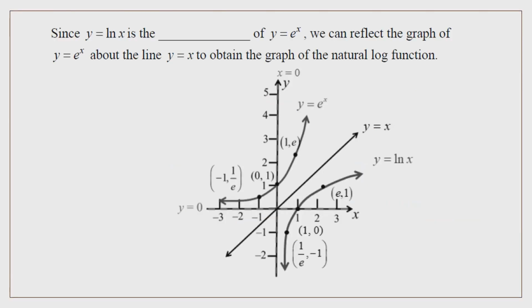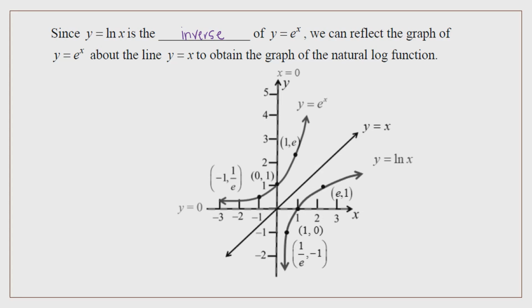Since y equals the natural log of x is the inverse of y equals e to the power x, we can reflect the graph of y equals e to the power x about the line y equals x to obtain the graph of the natural log function.